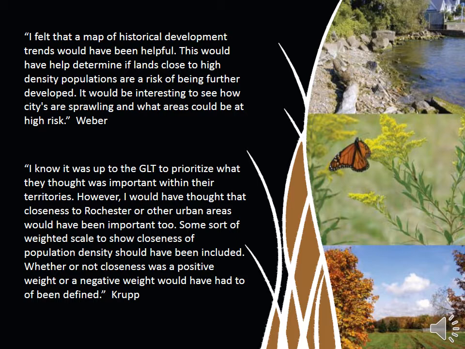To be honest with you, and there's a little more information on some upcoming slides, I don't think it actually did. The second quote, from Nick Krupp, says that he knows it was up to the land trust to prioritize what they thought was important, but why would you present all this demographic information and talk about the growing parts of this region and then largely disregard it as you go on to protect properties or put a plan together to do so?